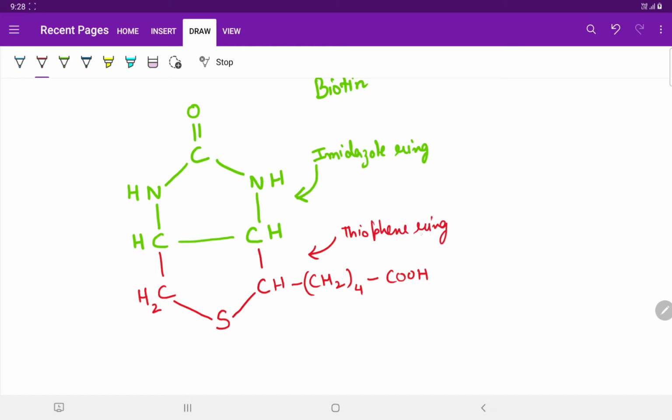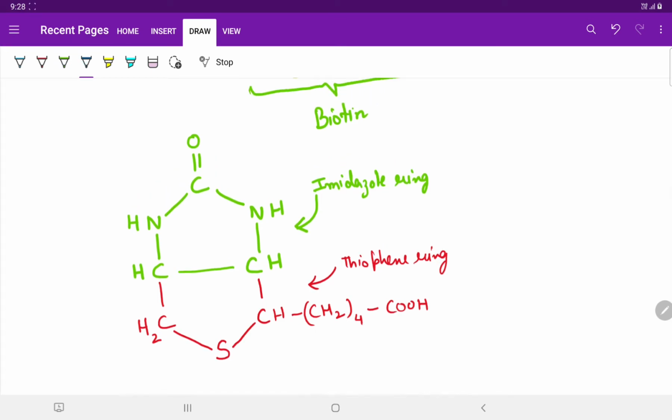Now as a coenzyme, we can see that this nitrogen, which I am highlighting here with the blue colored arrow, acts as a site for carbon dioxide binding.